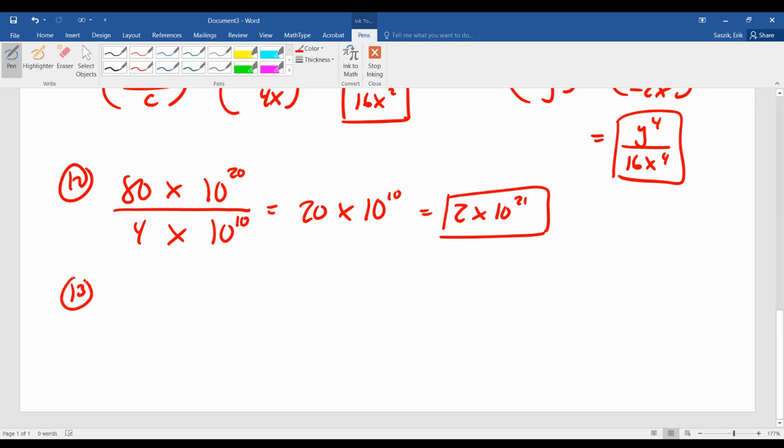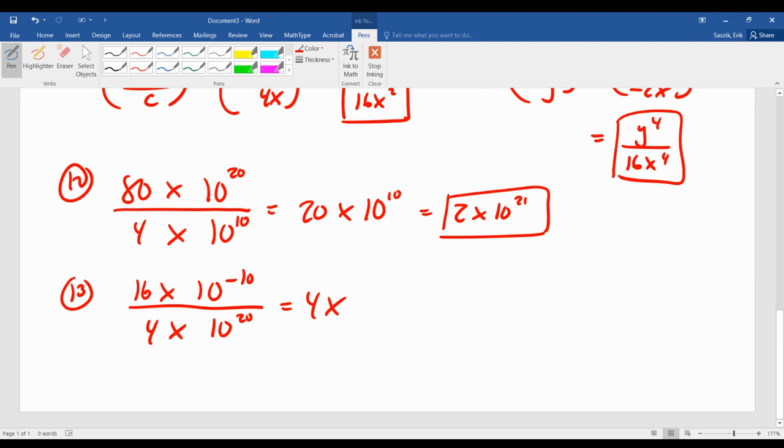Let's do one more. 16 divided by 4 is 4. This -10 is telling this 10 to go down, and it'll join it in the bottom.